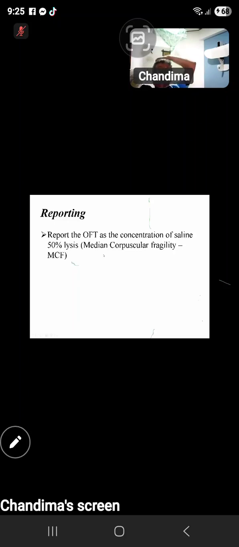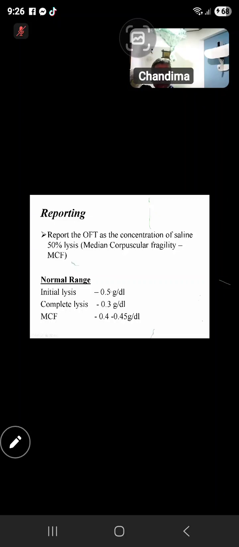It is named as median corpuscular fragility, MCF. In a normal person, initial lysis occurs at 0.5 gram per deciliter of sodium chloride, complete at 0.3 gram per deciliter. MCF, the 50% lysis, lies between 0.4 to 0.45, right?